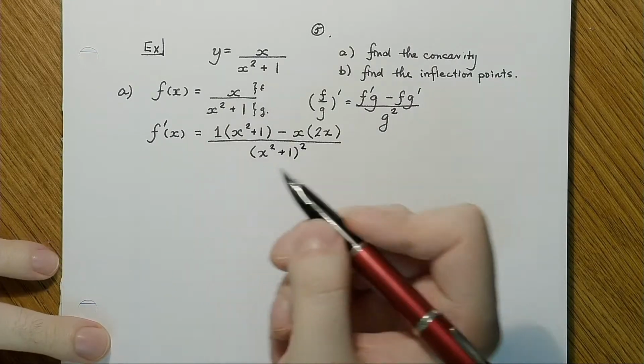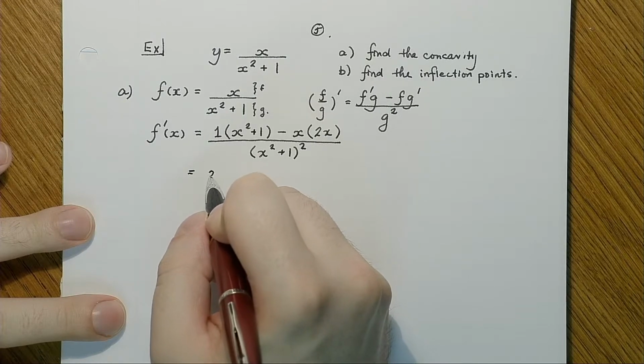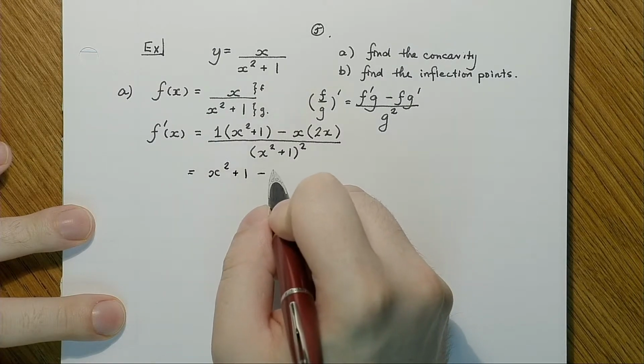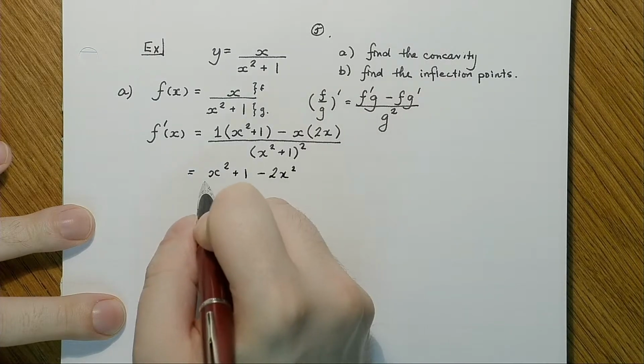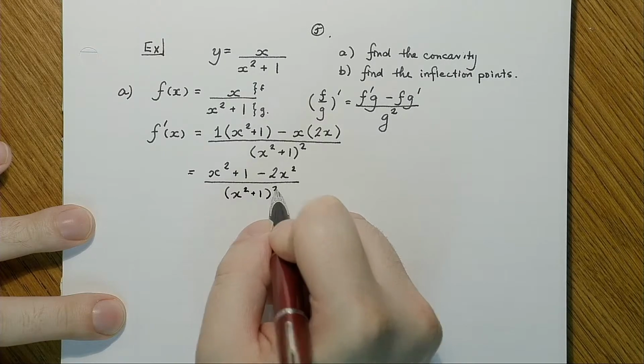So yes, at this point we do have to simplify just a touch. So I get x squared plus 1 minus 2x squared, all over x squared plus 1 squared.